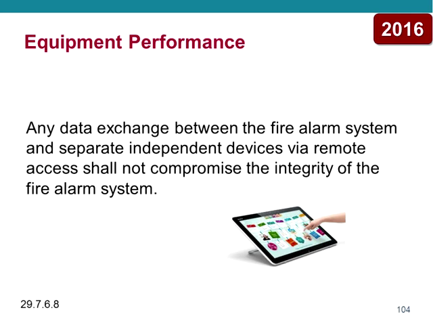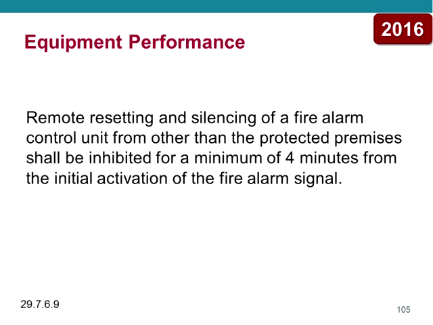That's great, but the code basically says that that's fine, but if you have data exchange, it cannot compromise the integrity of the fire alarm system. Now, if you're using single or multiple station smoke alarms, obviously this is not going to apply. Those are low-tech. This is a much more high-tech arrangement.